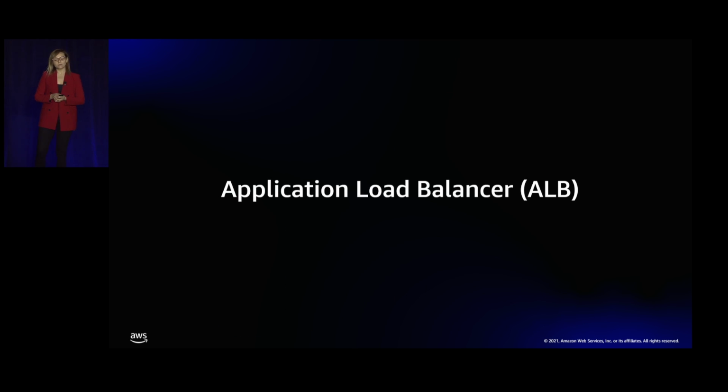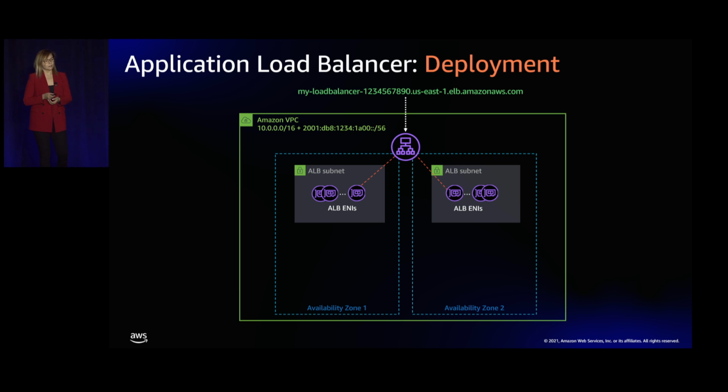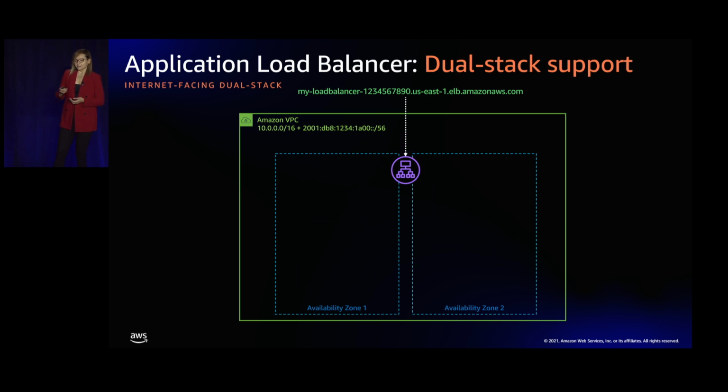Starting with the application load balancer, when we deploy it, we have to specify from the networking perspective the load balancer subnets, the type of load balancer, whether it's an internal or an internet-facing one, and the targets. So far, we were supporting internet-facing dual-stack application load balancers.